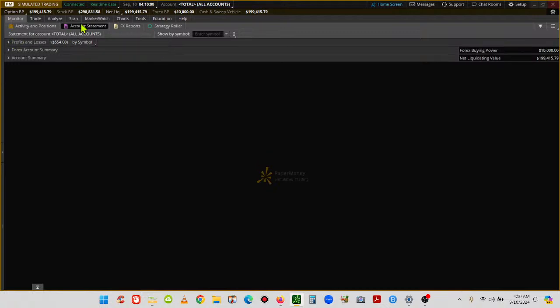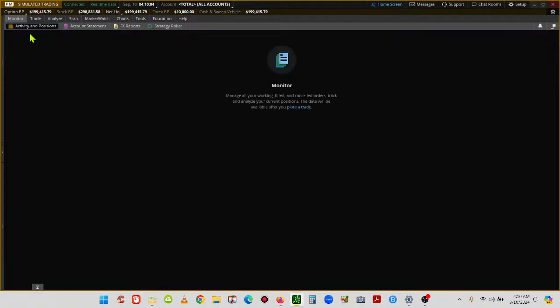All right, so that's right here, account statements, and then activity and positions. So when you have a live trade, you monitor it right here in your activity and positions. So right now there is no trade because we haven't traded.